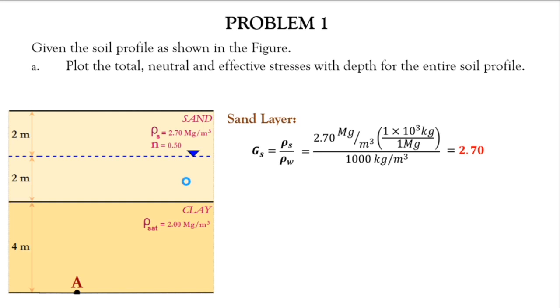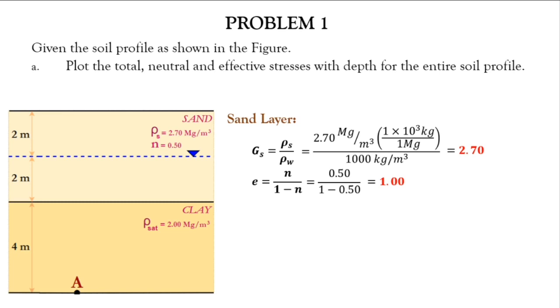So, the formula for the void ratio given the porosity is n over 1 minus n. And n, lagay lang natin yung value na given, which is 0.5, and we will have a value of 1.00 para sa void ratio ng sand.